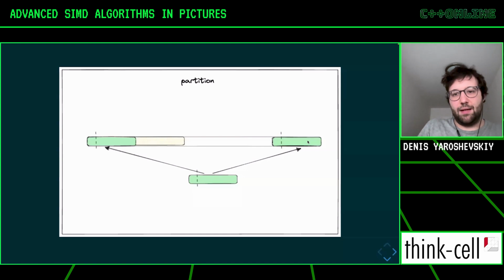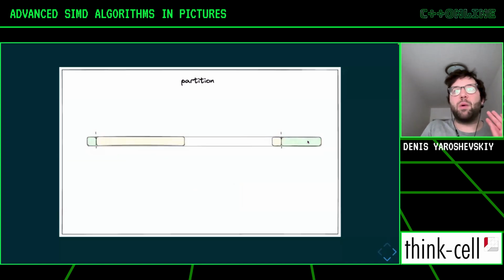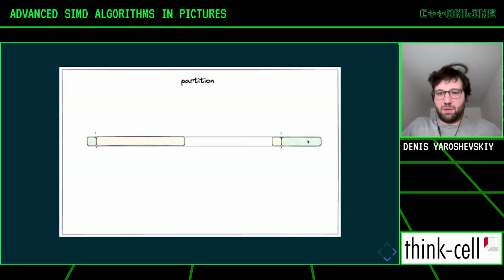There's 2 writes. And now where we are, everything here is partitioned. It is less than the pivot. Everything here is greater than the pivot. So we reduced our problem space, and this is our open space.